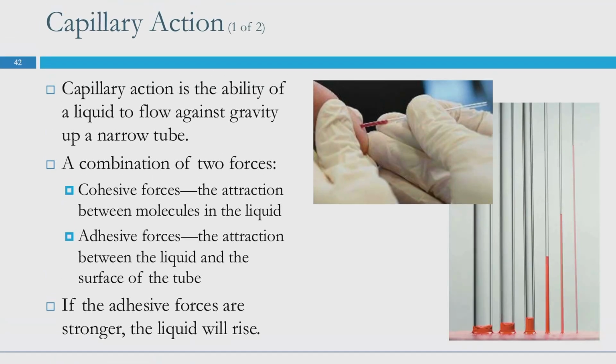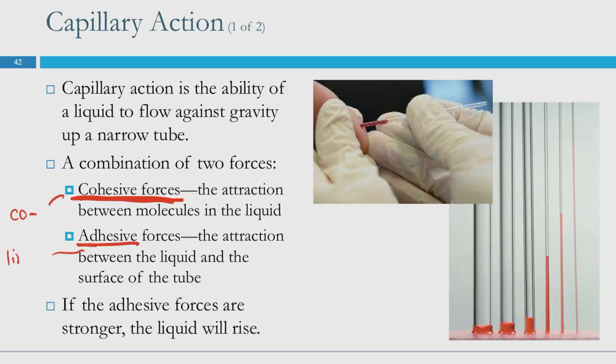Capillary action. Capillary action is the ability of a liquid to flow up against gravity in a narrow tube, a capillary tube, as they're often called. And we've got a combination of two forces. The attractive force between the molecules in the liquid, that's the cohesive force. We've got the co- prefix, and adhesive, like tape or glue.